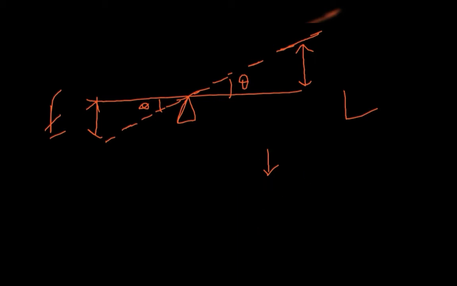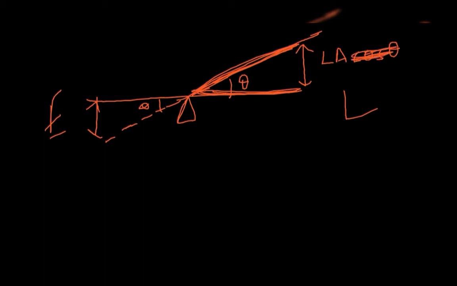So I can write this length to be what, can you tell me? Load arm cos theta? Am I doing the right thing? No, this part is still the load arm. So no, I'm doing it wrong.